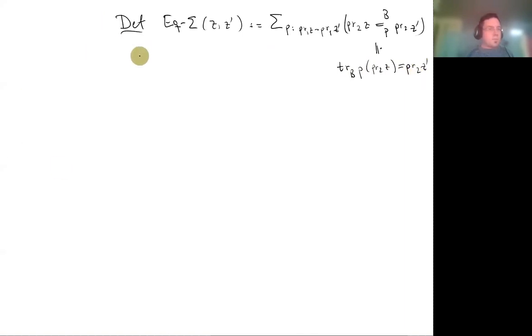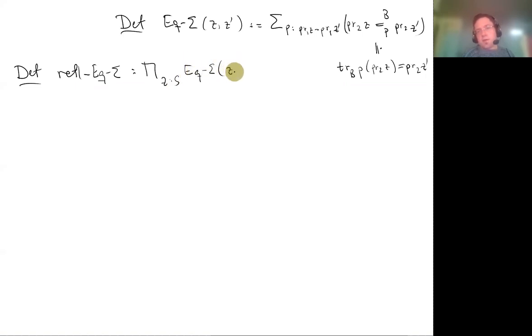Okay, that's the definition. What do we want to do? We want to show this is reflexive. That was important to be able to compare it to the identity type. So we define a term witnessing that this is reflexive, the reflexivity of the equality of sigma. So this should be a term of type: for every z in the sigma type, we should give an element of eq sigma of z with itself. And we define it to be lambda z.